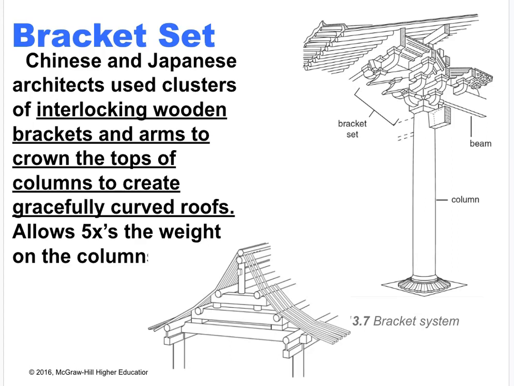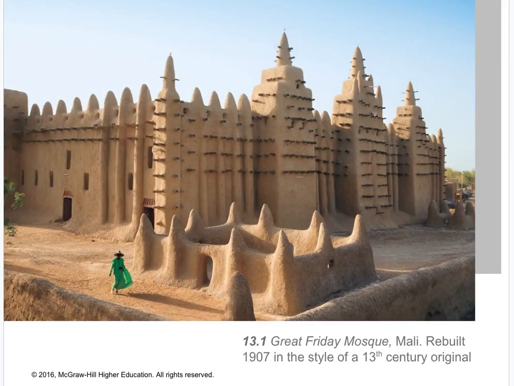Even back, I'm clicking back real fast to this one. Yes, it's adobe. Yes, it's the most simple, primitive type of structure, but these pointy things on top probably have meaning. But at the same time, that's design. They're using repetition. They're using balance. They're using just interest, trying to make it look interesting.